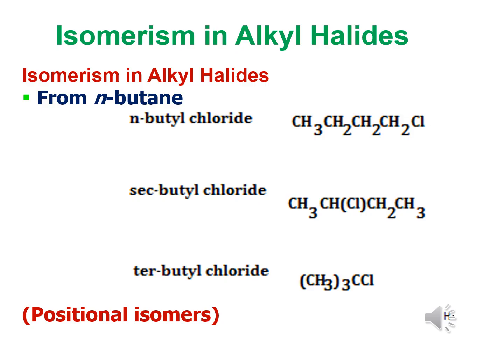In this example, we are using this compound to show the position isomers. In that case, the first compound is 1-chlorobutane, making it a primary because the carbon that is bearing the halide is having 2 hydrogen.